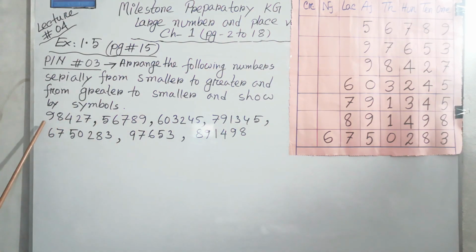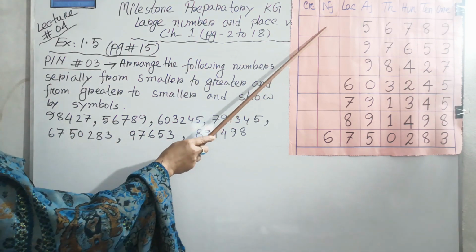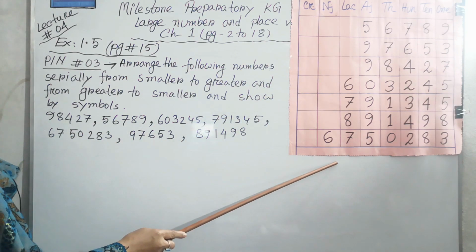Among 7 numbers, I will organize the numbers from smaller to greater.